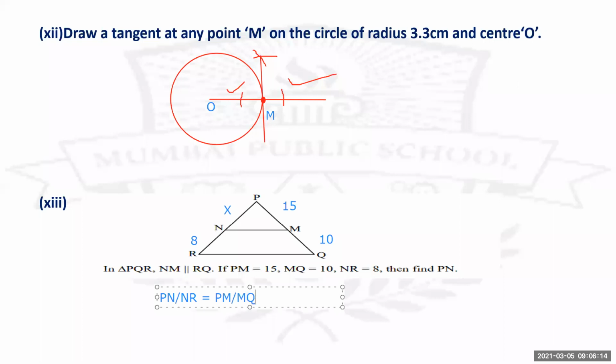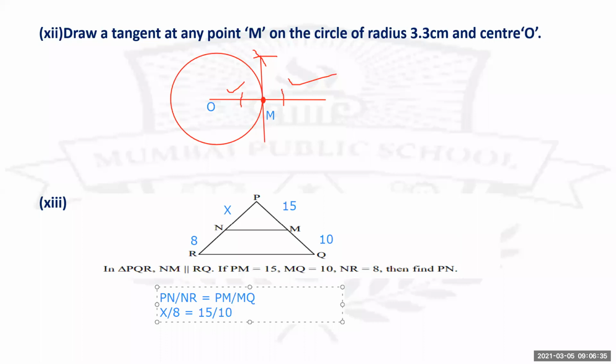Is this clear to all the students? Now you'll substitute the values. PN is x, so x upon the value of NR, which is 8, equals PM, which is 15, upon MQ, which is 10.